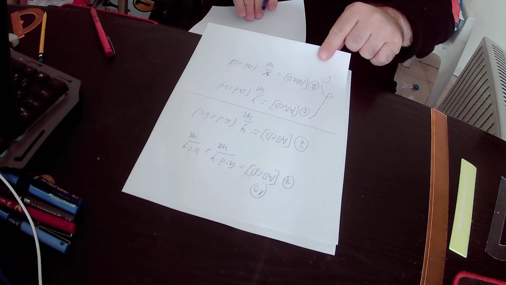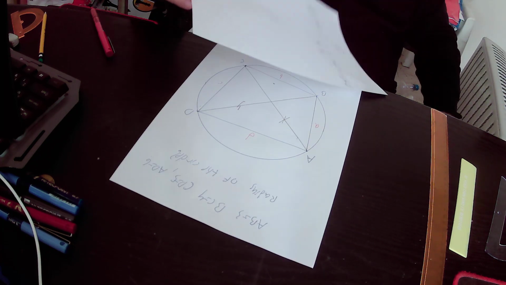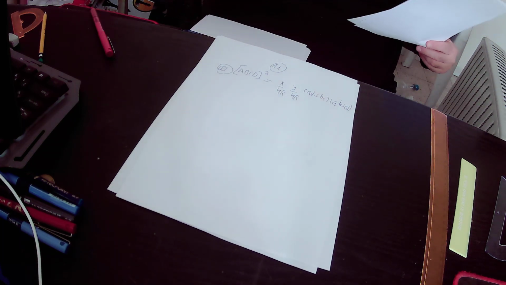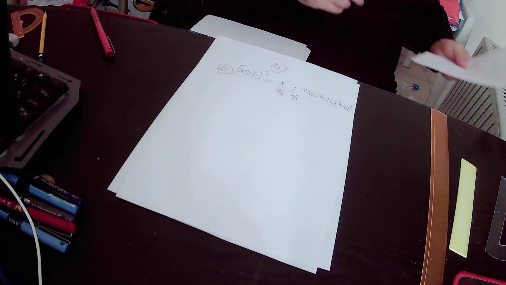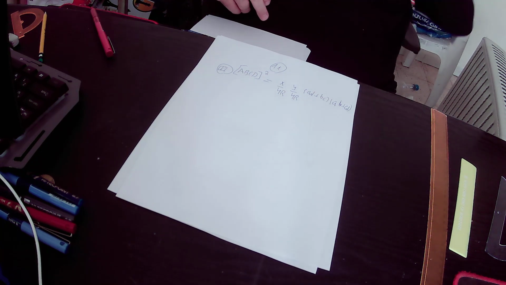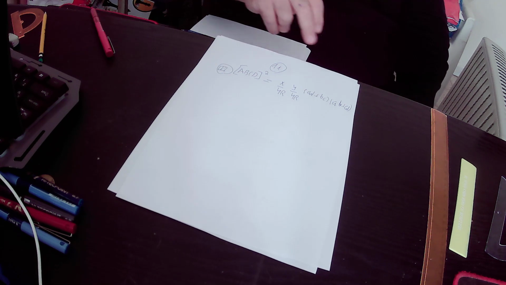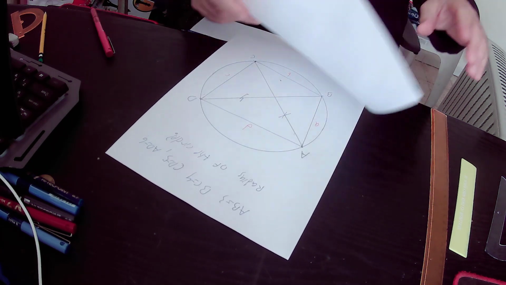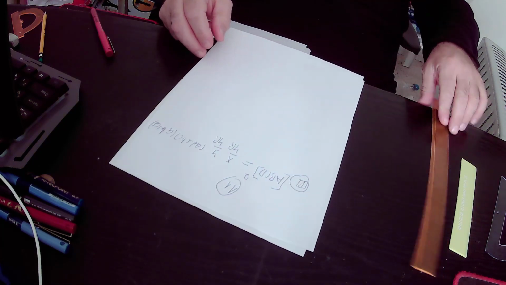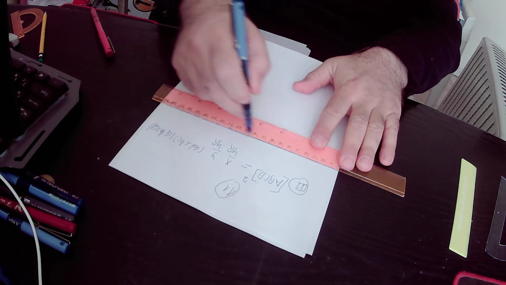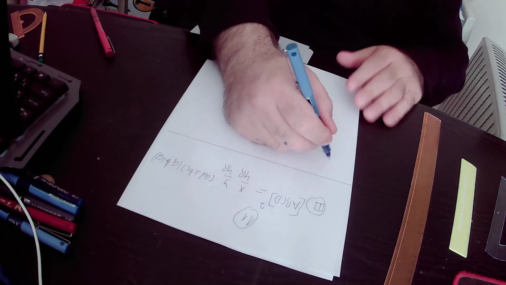Okay, actually that is equation number 3, the multiplication of the area of quadrilateral ABCD by itself equals this expression. 4r times 4r is 16r squared.